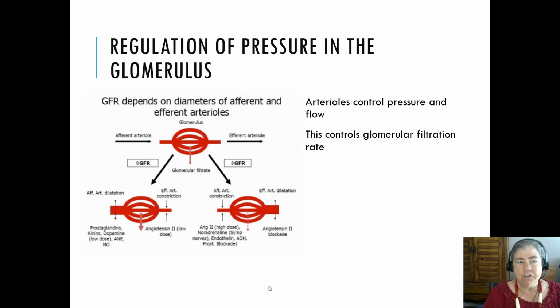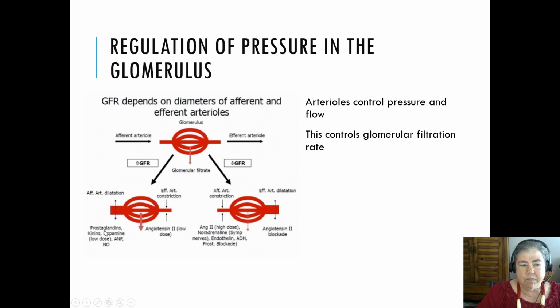The filtration rate, how quickly fluid can filter out of the glomerulus into the urinary space, is dependent on the pressure in the glomerulus, which is dependent on the diameters of the afferent and efferent arterioles, which are separately controlled. And that's illustrated here. So we have an afferent arteriole, and there are things that can make it dilate.